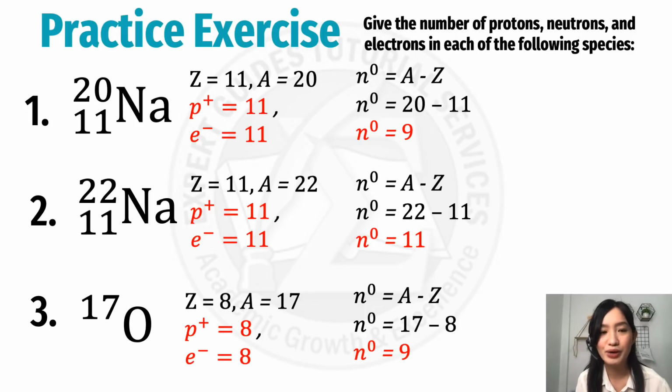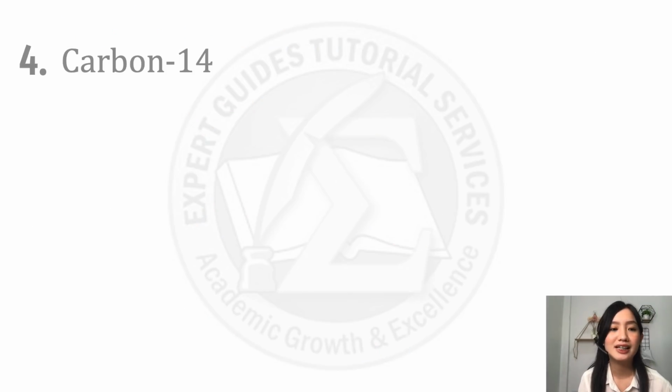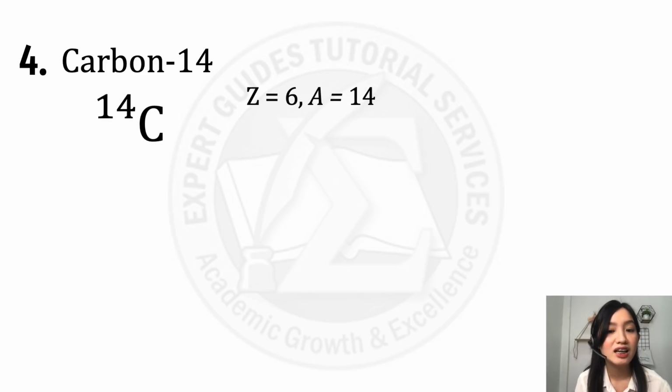All right, so I have more examples here. Let's have carbon 14. Carbon 14 can also be represented as 14C. Again, the 14 is at its superscript, so 14 here is the mass number. In order to find its atomic number, we have to look at the periodic table, and in the periodic table, carbon is 6.